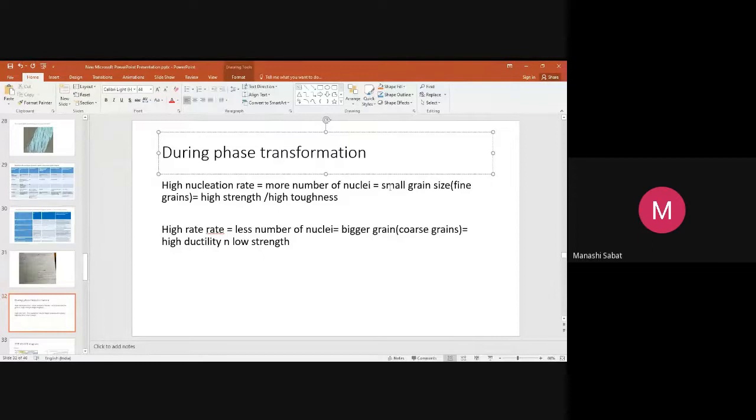If the strength of a material is increasing, its ductility is decreasing. If ductility is increasing, the strength is decreasing. If a material is deforming to a large extent by plastic deformation, that means it has good ductility and poor strength. But if a material is not getting deformed to a large extent, that means it has high strength, low ductility. You understood now?